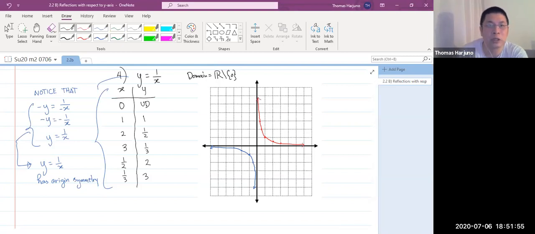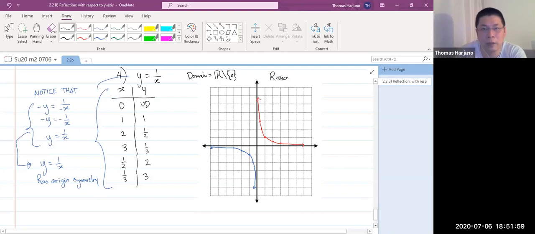Now you will see the range for this: you can get any value of y except 0. Now you need to memorize these 10 coordinates, which is basically 5 coordinates that you rotate or reflect with respect to the origin.